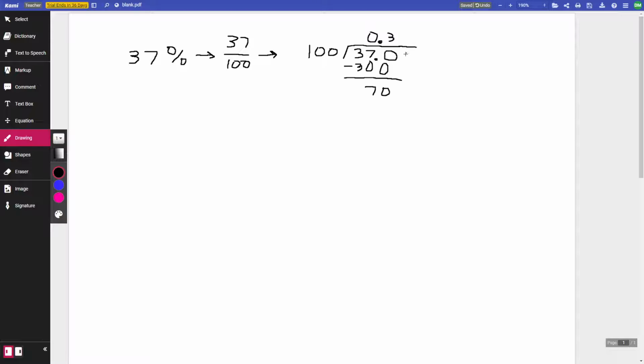So we haven't quite managed to clean this up yet, so I'm going to add another 0 and bring it down. And then 100 would go into 700 7 times. And 7 times 100 is 700. So this is going to leave us with a remainder of 0. So we can say that 37% in decimal form is equal to 0.37.